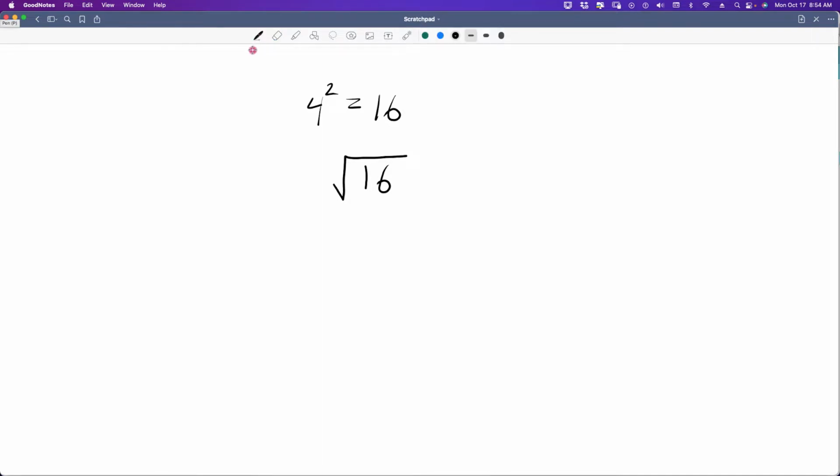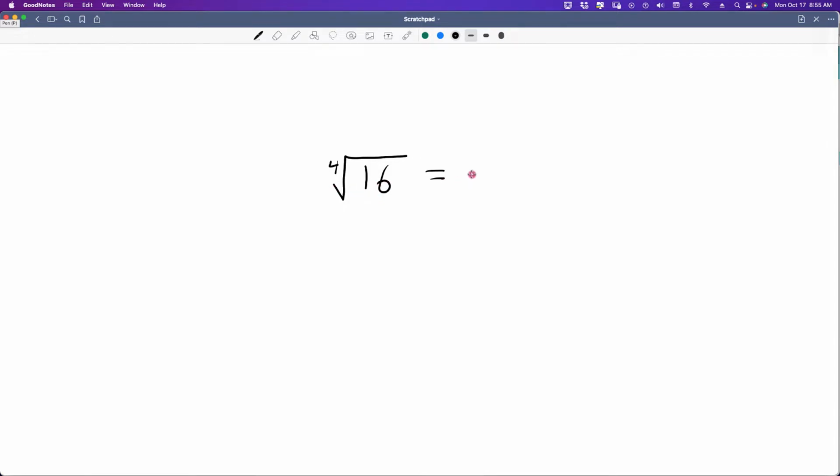So for instance, if I were to ask for the fourth index of 16, or the fourth root of 16, then I would say, what is the factor that is used to multiply by itself 4 times that would give me 16?